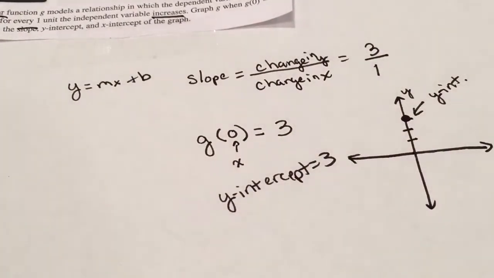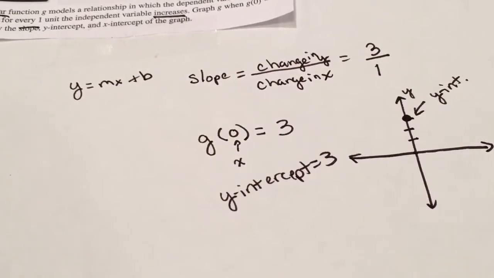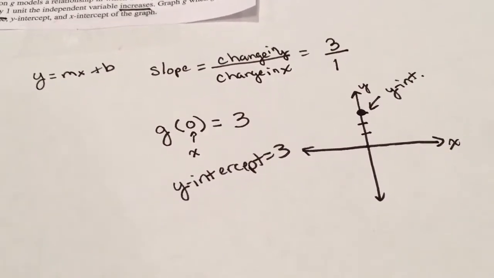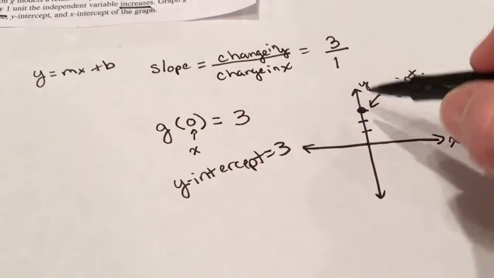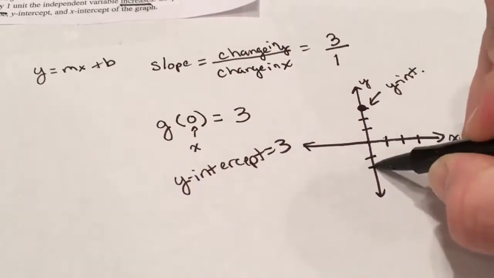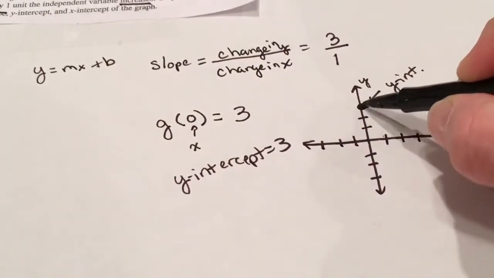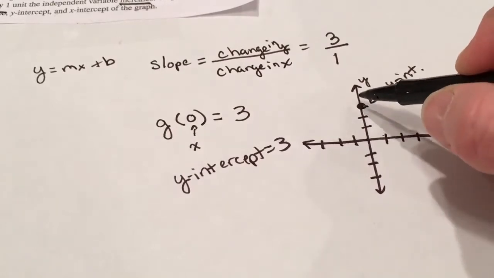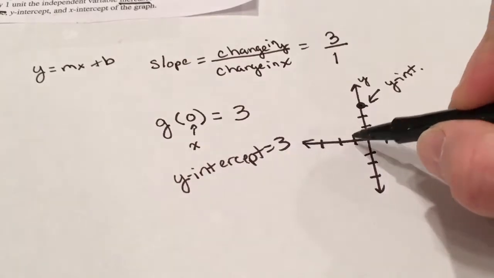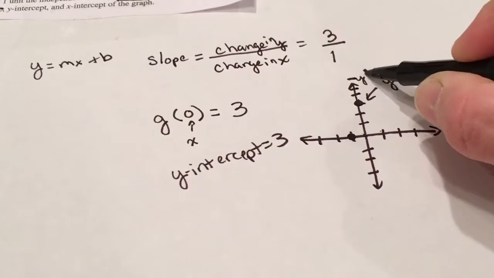Okay, so I have my slope and I have my y-intercept, and then finally it asks me for my x-intercept. So using the same method which we just did before, I'm just going to fill in my graph. So my slope is 3 over 1, so I go up 3 and right 1, or down 3 and left 1.